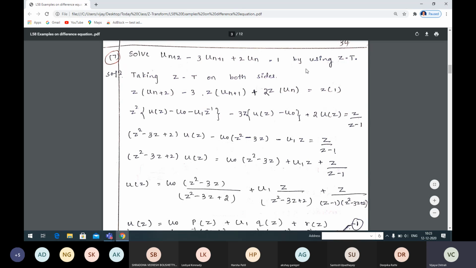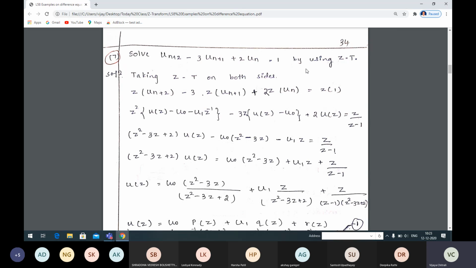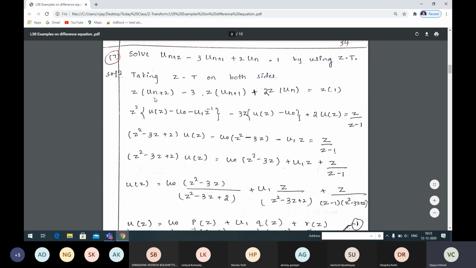The first step is taking z transform on both sides. So z transform of u suffix n plus 2 minus 3 z transform of u suffix n plus 1 plus 2 z transform of u n, this is equal to z transform of 1.